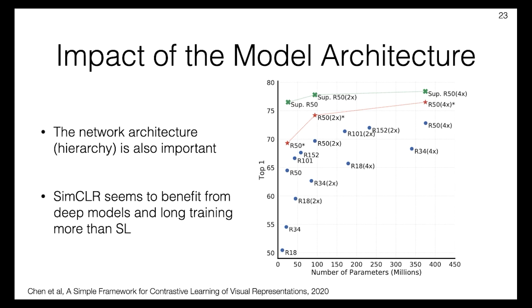One difference shown in SimCLR is that the network architectures have a different impact between self-supervised learning and supervised learning training. The figure shows the top 1 performance on ImageNet for different ResNet network architectures and training epochs. For example, blue dots have been trained for 100 epochs, green crosses for 90 epochs, and red stars for 1000 epochs.